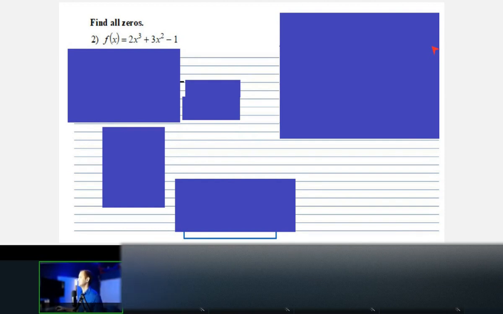Everyone see that? Yeah, okay. It passes at positive 1/2. Now, looking at your graph, does it cross the x-axis at positive 1? So we got a lot of no's.